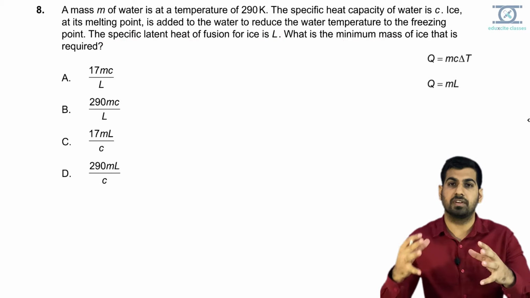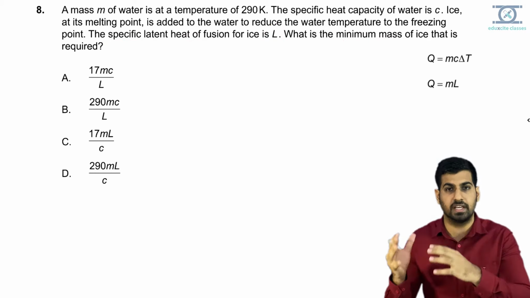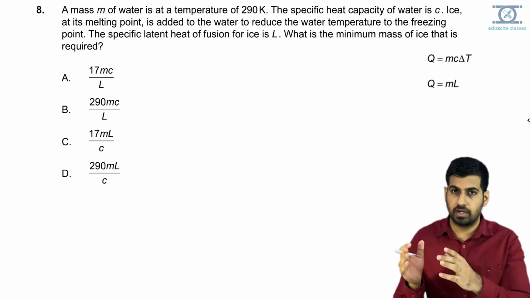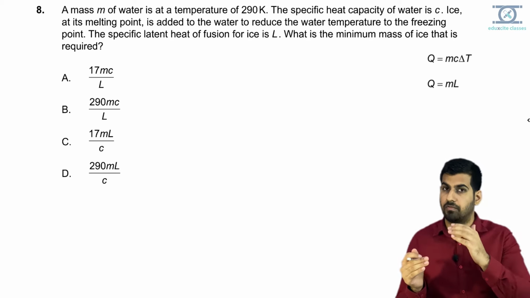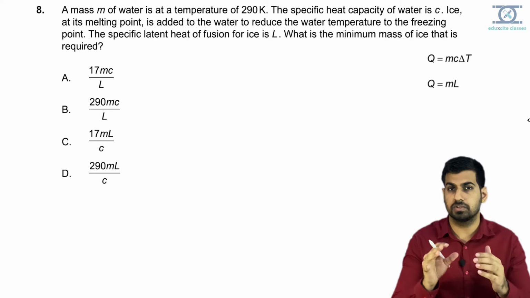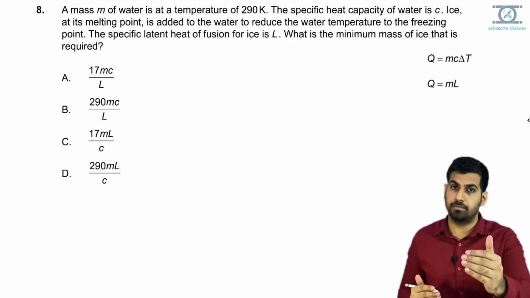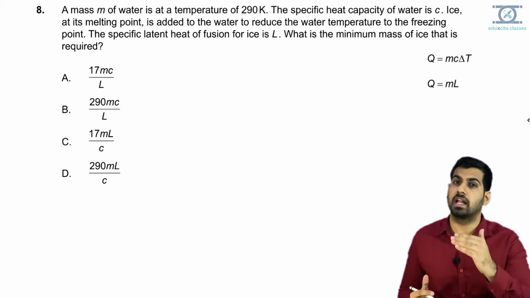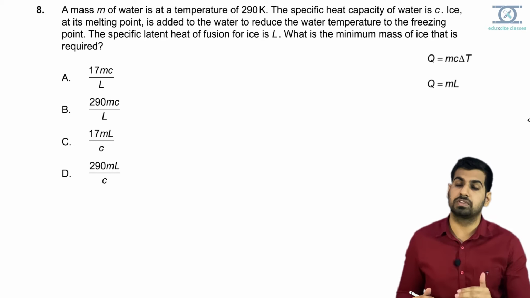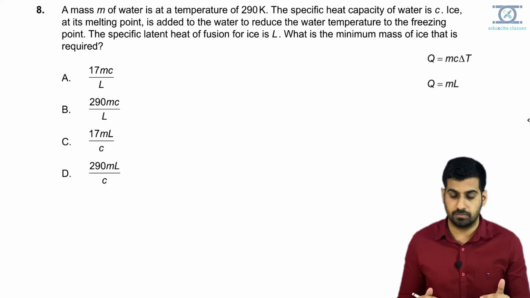Now what we are having is a mixture of water and ice. Water is at 290 and to reduce the temperature of water I have added ice. So the question is asking what is the minimum amount of ice required so that the temperature of the water decreases from 290 Kelvin to 273 Kelvin, that is the freezing point.